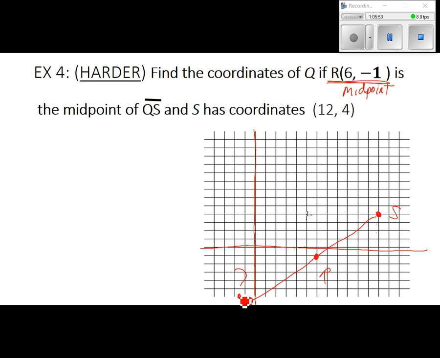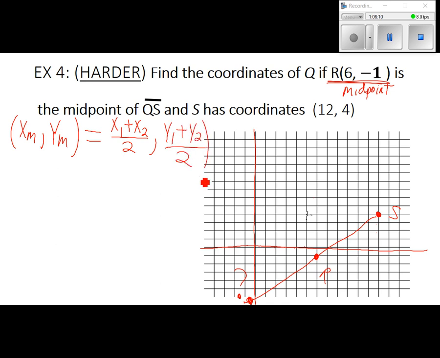X sub M, Y sub M equals X sub 1 plus X sub 2 divided by 2, comma, Y sub 1 plus Y sub 2 divided by 2. Do I know the X coordinate for the midpoint? That's XM right there, and this is YM.